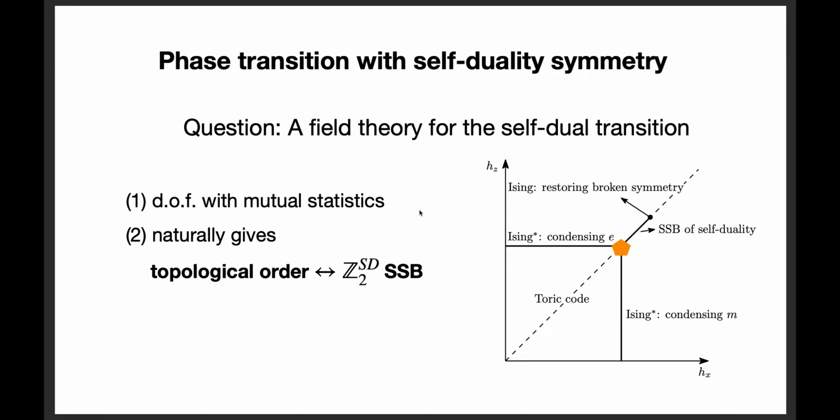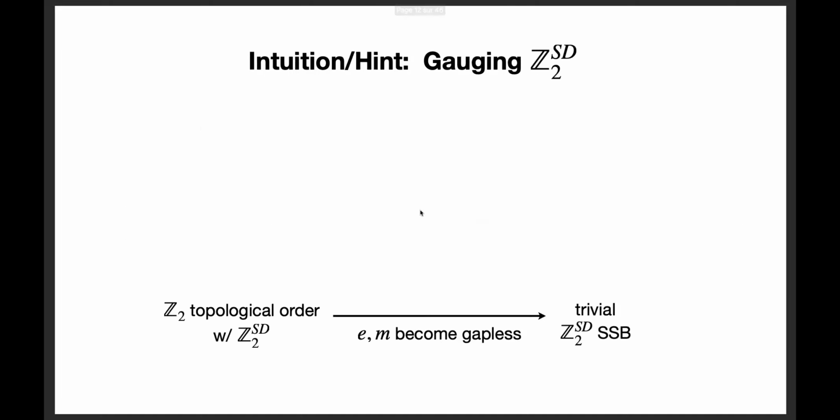Before I tell you the answer, let me tell you the intuition of how we solved this problem, or the hints to solve this problem. We use a tool that's familiar to this audience, I think. We're going to gauge this self-duality Z2 symmetry. As I said, even though this symmetry is kind of mysterious on the lattice, as an IR symmetry it's a very proper normal symmetry that we can properly gauge.